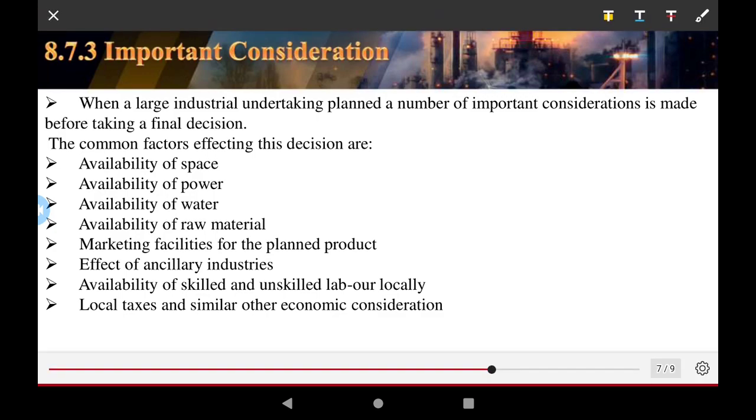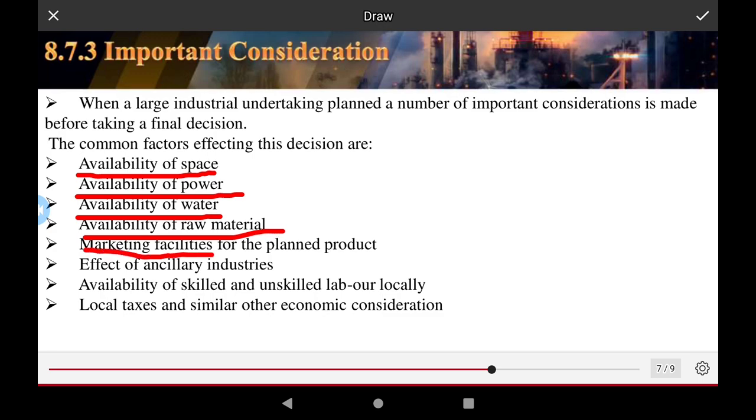The common factors affecting the decision of plant location are availability of space, power, water, raw materials, market facilities for the products, and facilities of industries, availability of skilled and unskilled labor locally, and the nearness of skilled and non-skilled labor to the plant location.